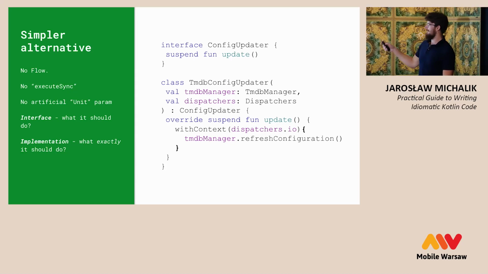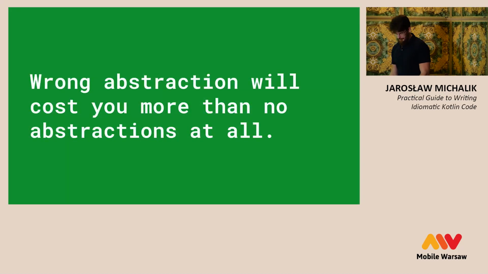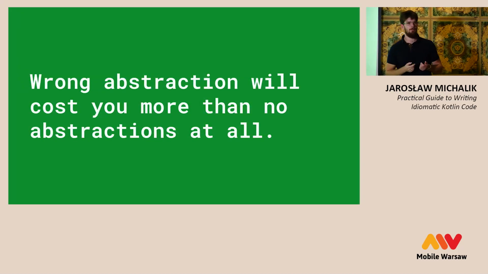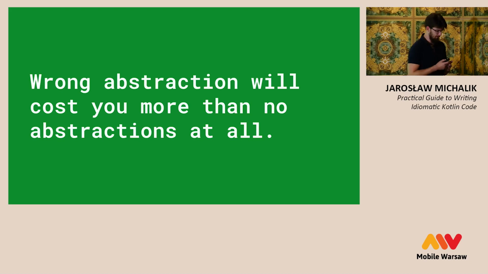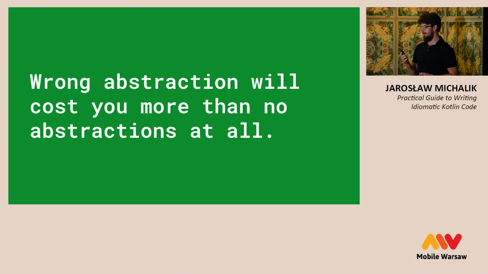The interface is clearly stating what it should do, ConfigUpdater with implementation TMDBConfigUpdater. So no Impl suffix. And I believe that a wrong abstraction is worse and will cost you more than no abstractions at all.